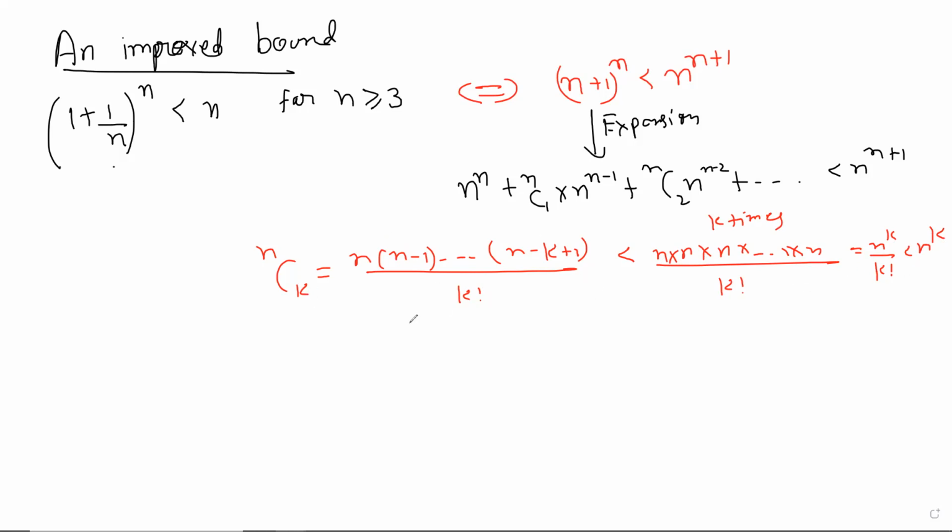And this is also a very simple fact, right? If you just think by logic, this is the number of ways to choose k people from n people, right? And can anybody give a meaning to n to the power k?